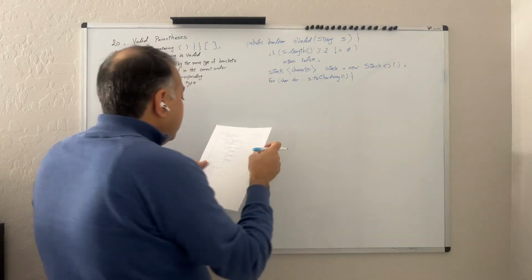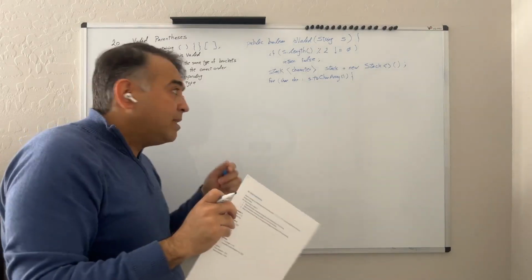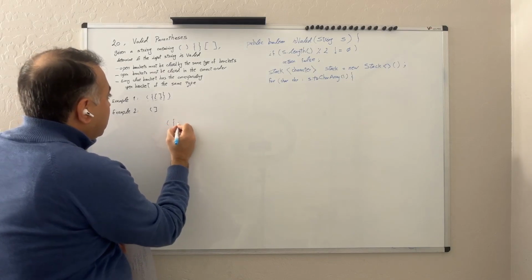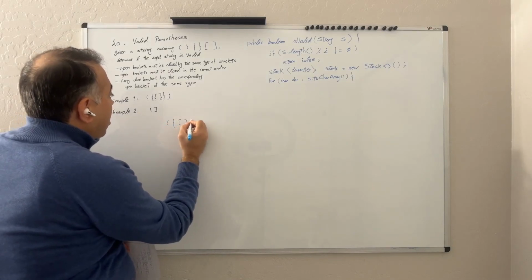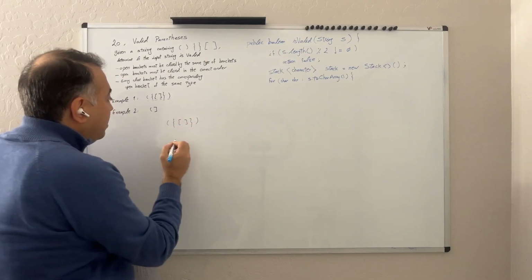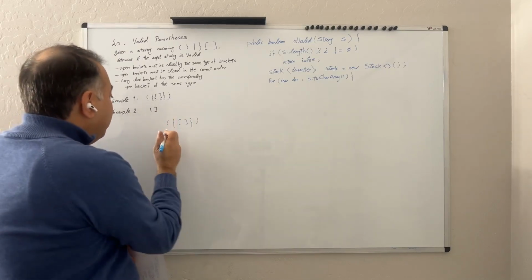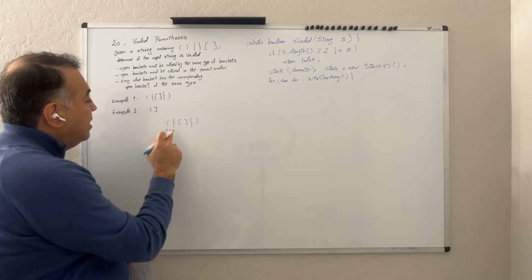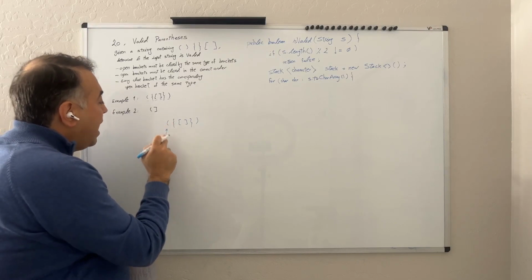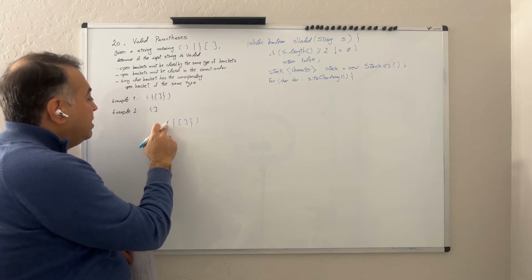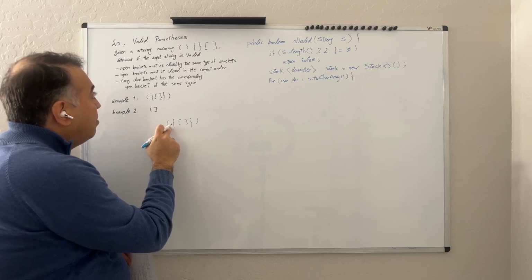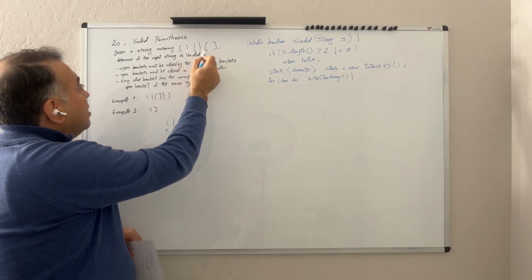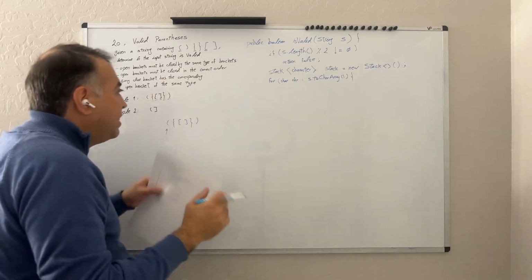I check the character I'm pointing to: first the first character, then the second. If it is one of the three open types, I need to add it to the stack.